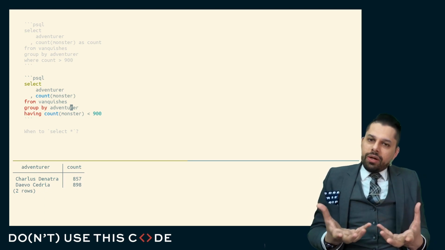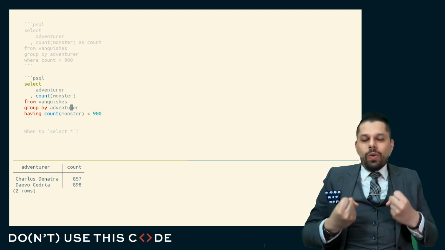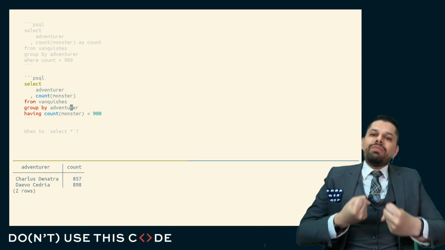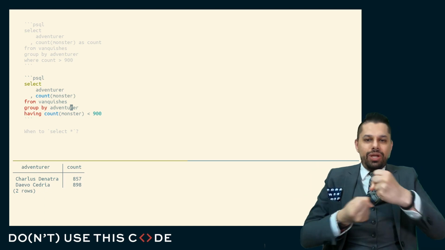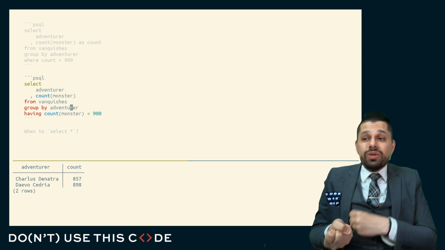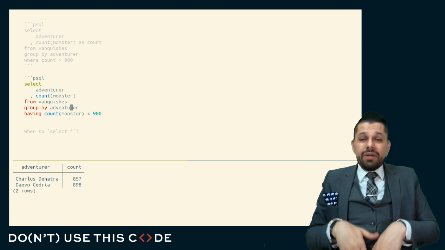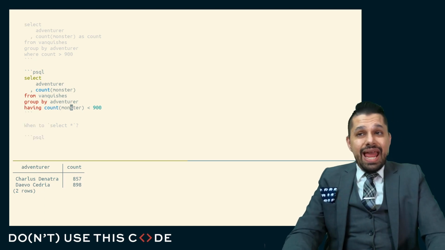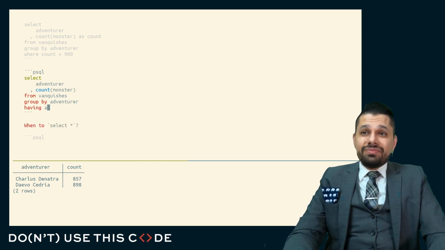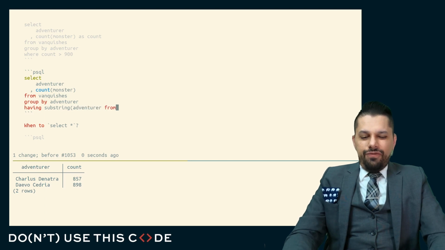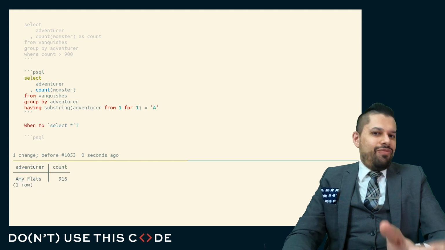Well, you could think what the where clause is doing is it's first subsetting what data it has to look at to minimize the total amount of data that has to be put into this query. Whereas what the having is doing is it's saying, oh, well, I've already loaded the data, already performed some computations, well, do one other filter on it. You could think that in that having, you might do something like this, where substring adventurer from 1 for 1 equals A. Very strange.